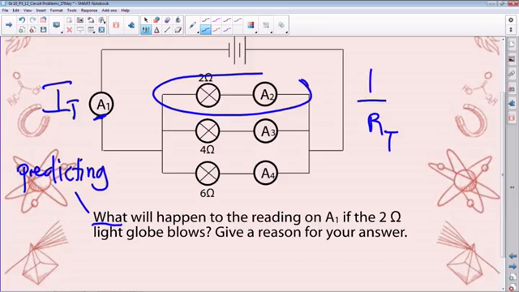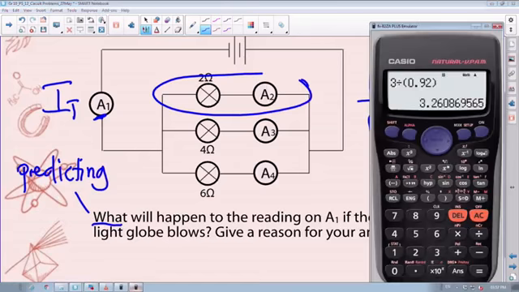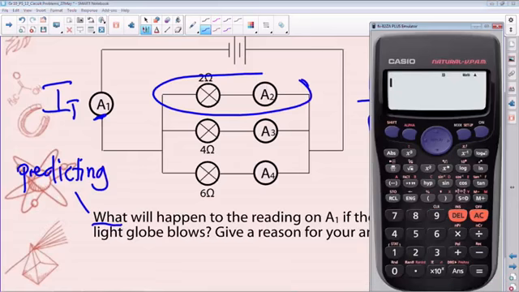So the total, or equivalent, or combined resistance will in this case be 1/4 plus 1/6. It is very important for us to understand what will happen to the total resistance if one resistor in parallel is eliminated. So it's 1/4 plus 1/6. Right.